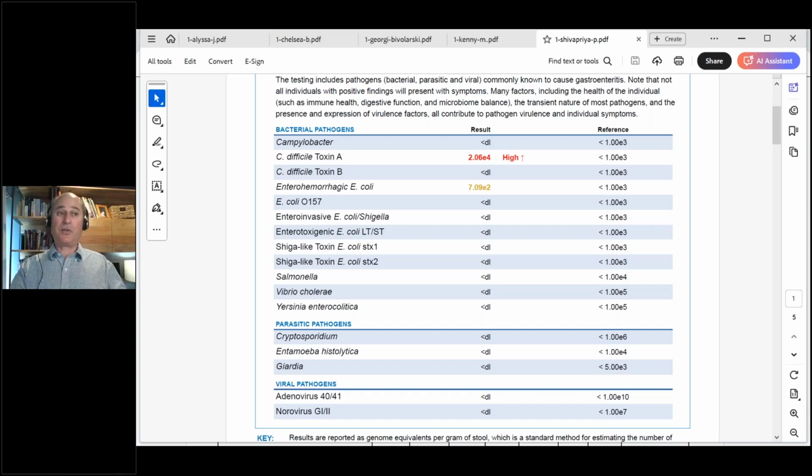GI problems usually don't cause GI symptoms. They can affect anywhere in your body. I can't say that enough times, because it takes most practitioners at least 2 or 3 years to really believe that. The short version, if you want to act on that now: run a GI map on every new patient, whether they have a skin problem or they can't get pregnant, whatever it is, and treat them.